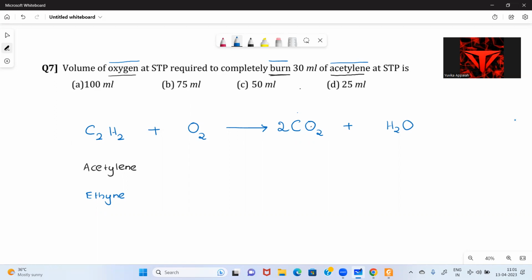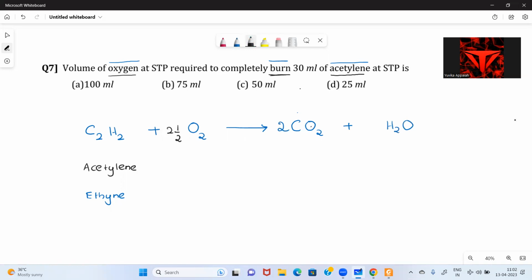Only oxygen atoms. How many oxygen atoms do we have? 5, sir. 5 oxygen atoms. So what do I multiply with? 2.5, correct? 2.5 into 2 becomes 5. If I do not want to have a fraction, I can multiply by 2 throughout, correct?